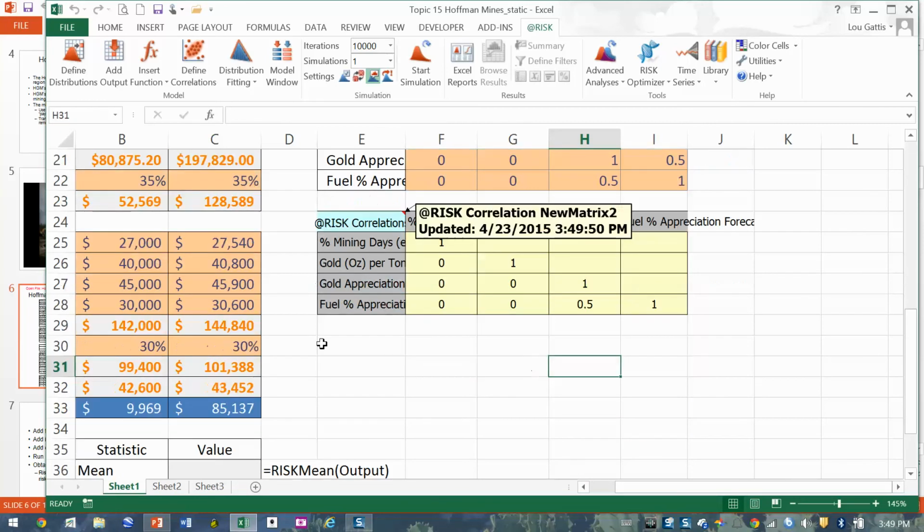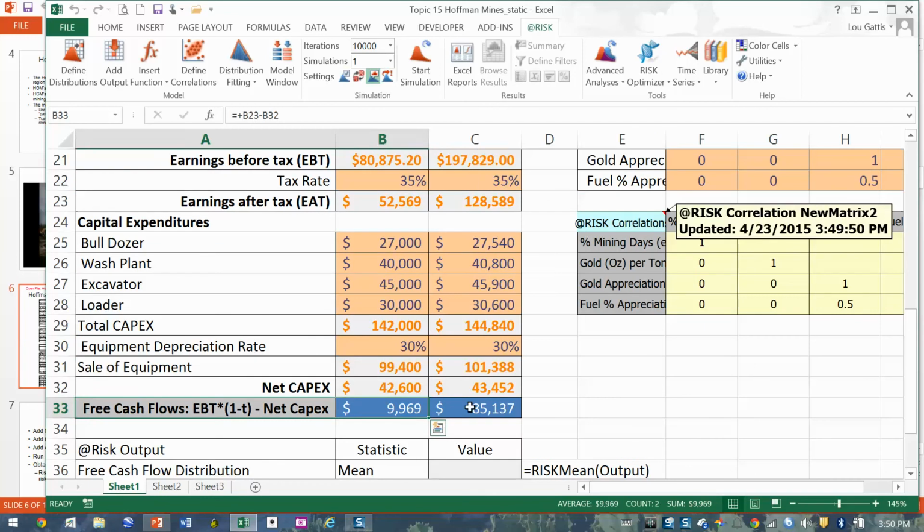Now I'm ready to run a simulation on my free cash flows for next year. Remember, the static estimate is $85,000. So I'm going to do 10,000 iterations, and I'll hit start.